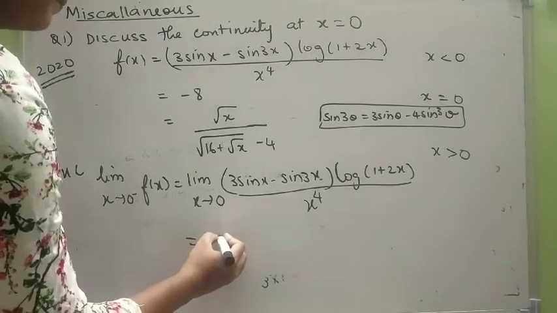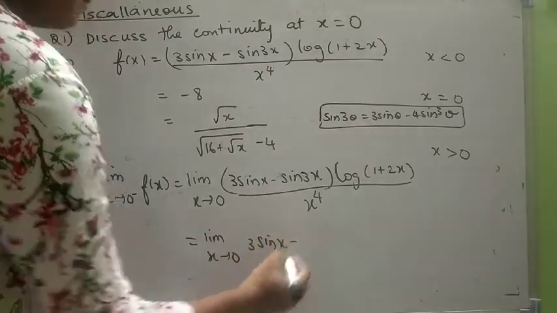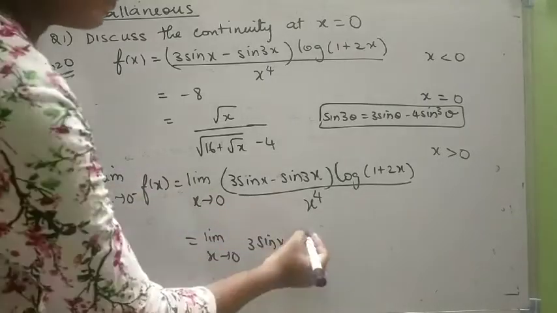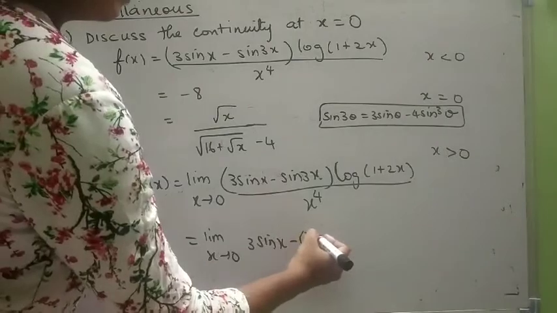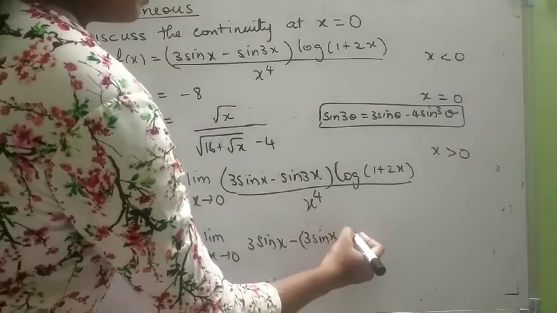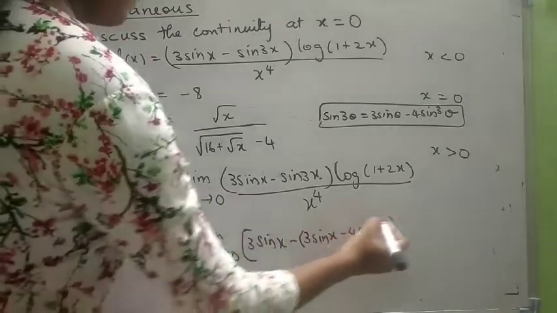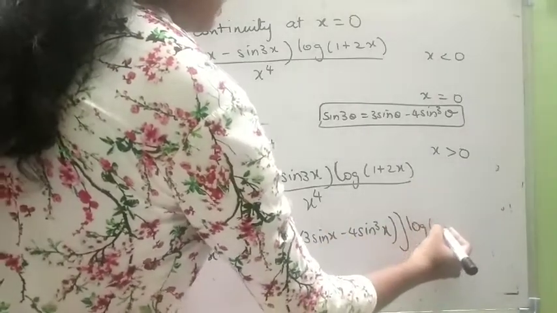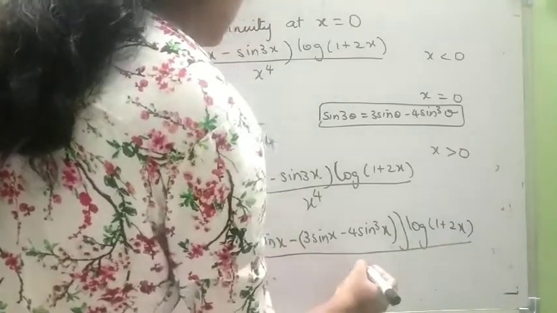So limit x tending to 0, 3 sine x minus, now minus is there, so put a bracket here because minus will apply to all the terms. So 3 sine x minus 4 sine cube x, and log of 1 plus 2x upon x raised to 4.